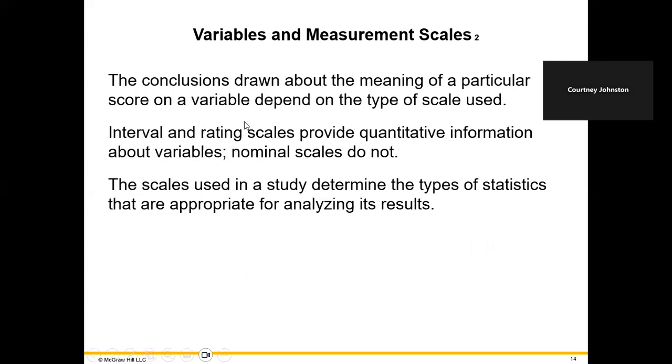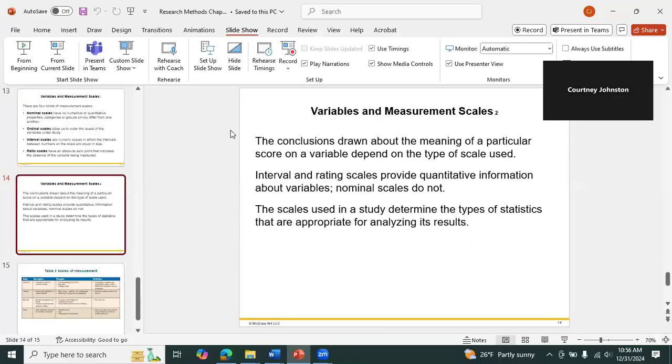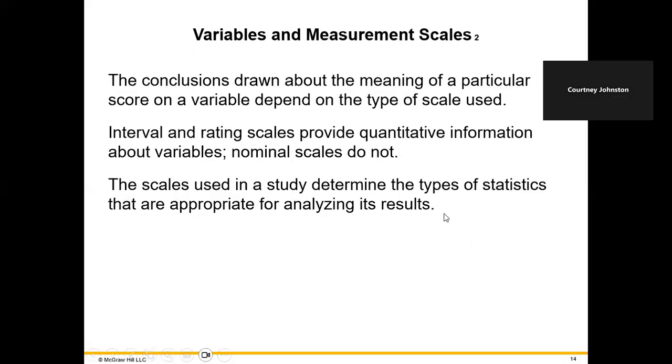And the conclusions drawn about the meaning of a particular score on a variable depend on the type of scale used. So interval and ratio scales provide quantitative information about variables. That's kind of what we're talking about here with your Likert type scales. Nominal scales don't. Your nominal scales are only going to indicate labels.